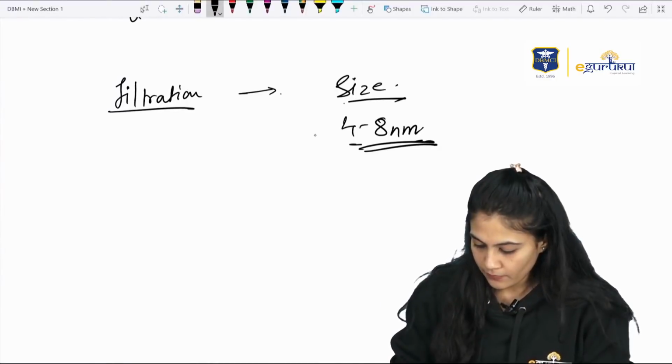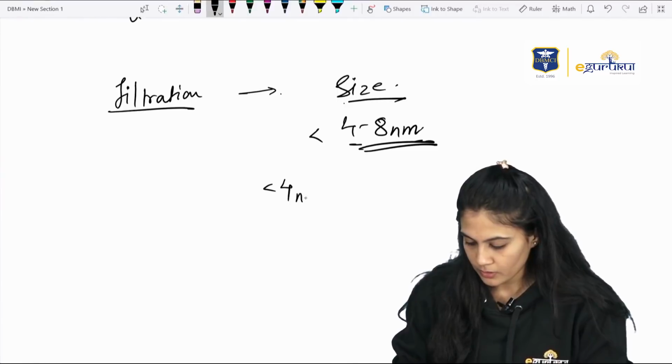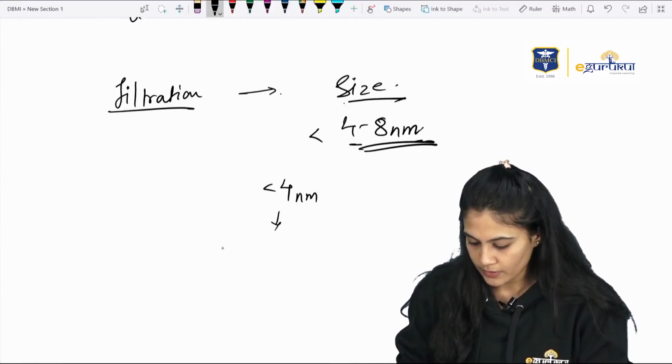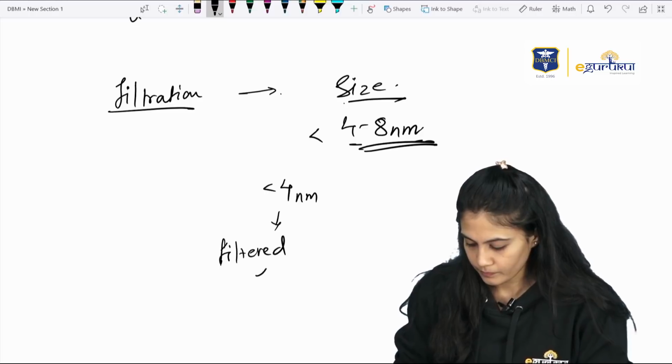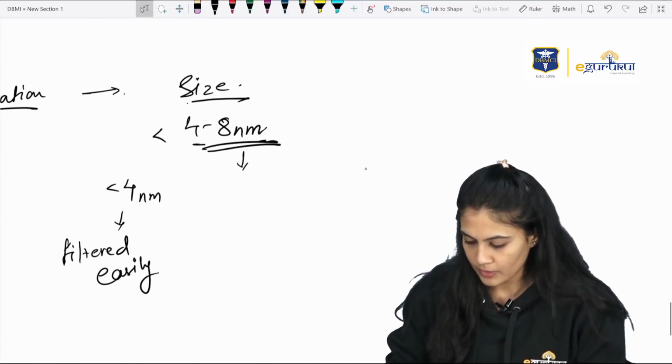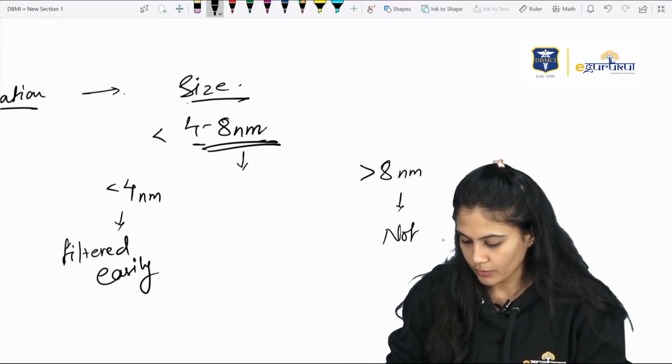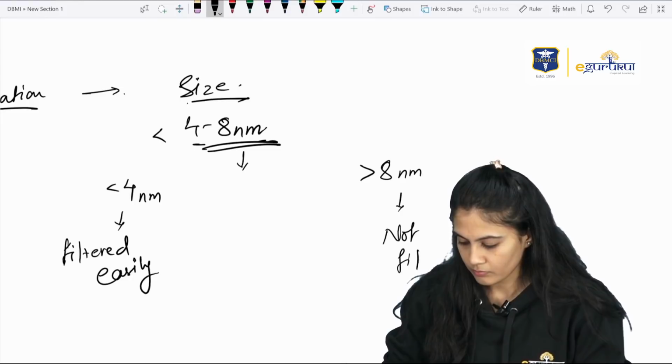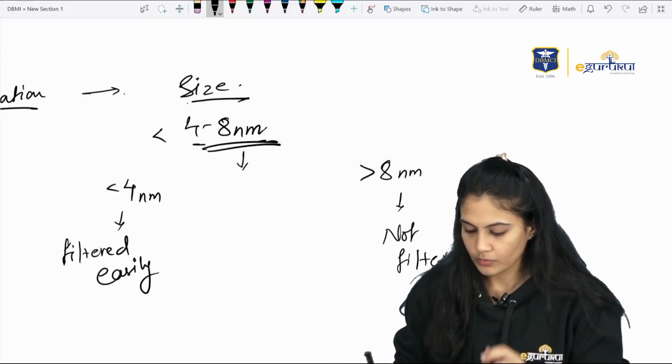Because if the particle is less than 4 nanometers, it is going to get filtered very, very easily, right? If it is 4 to 8, we will talk about that, and if it is more than 8 nanometers, like RBCs, WBCs, it is not going to get filtered, right?